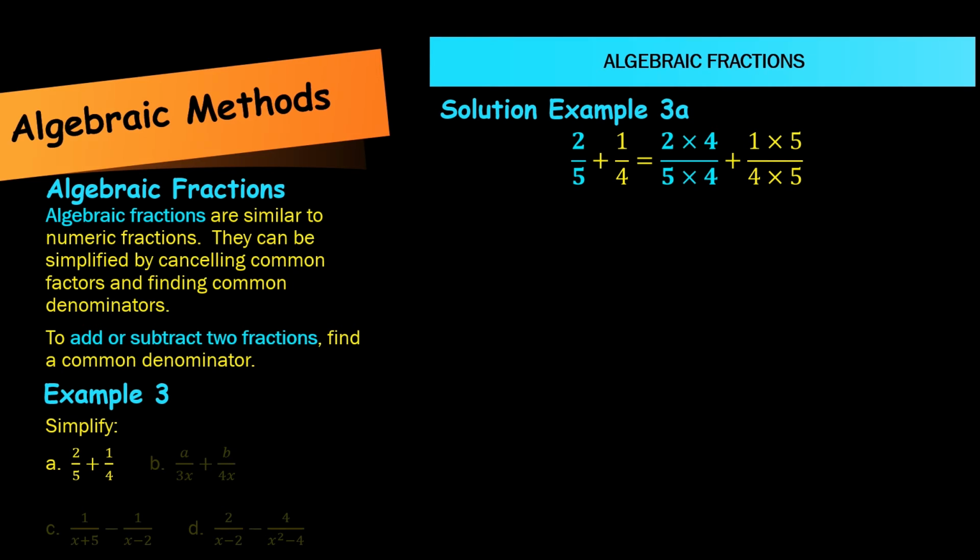2/5 is going to be multiplied top and bottom by 4. And 1/4 is going to be multiplied top and bottom by 5.